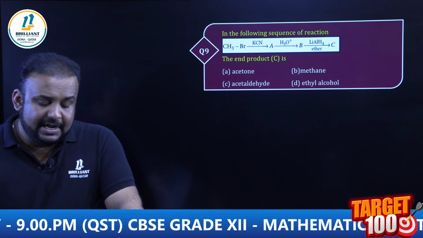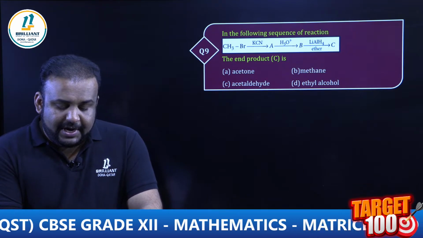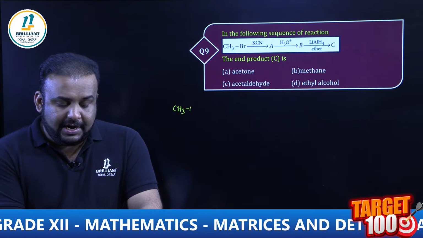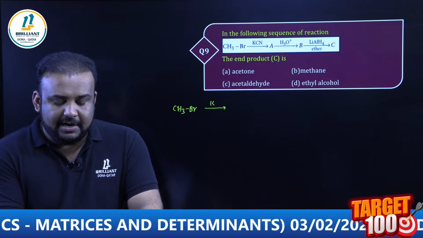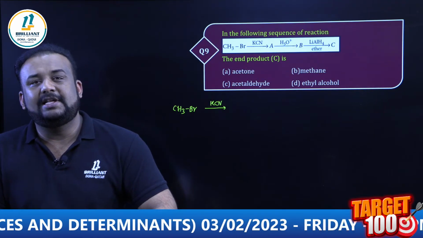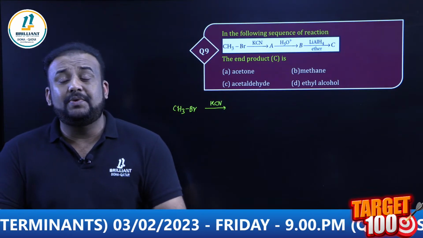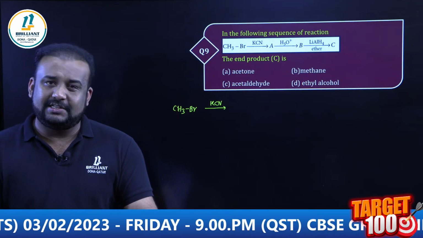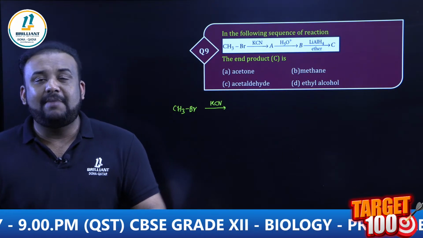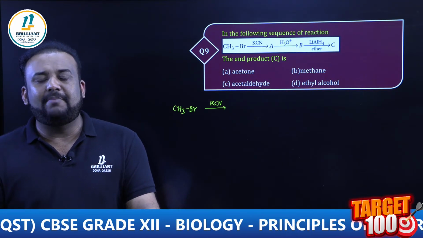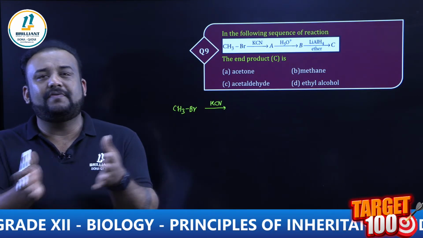So in this case, this is a very easy question. You can see that first you are treating bromomethane with the KCN. In the chapter haloalkanes and haloarenes, you have studied about CN minus. What is the property of CN minus? It can act as an ambident nucleophile. What do you mean by an ambident nucleophile? It has 2 nucleophilic sites.